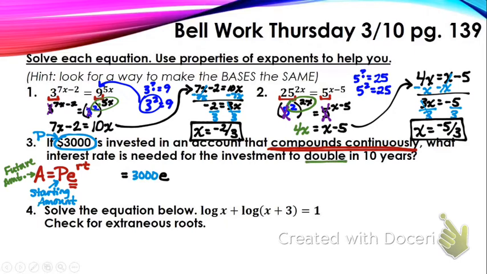Multiply the 3,000. I want my investment to double. How much was our original investment? 3,000. Double means to multiply it by 2. So how much do we want to have in the future? 6,000. This is what we're going to use for A.